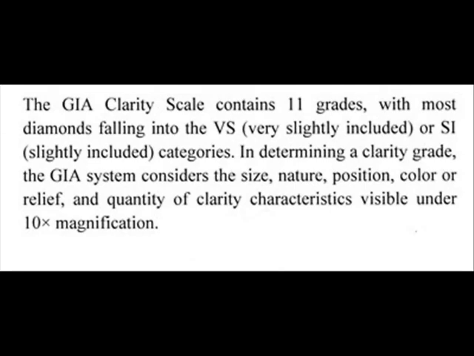Most importantly for you, as we will discuss in the pitfalls and complexities, they do not consider the desirability of the nature of the inclusions, nor what that means to value. More on that soon. The next image shows you the 11 clarity grades which the GIA divides its clarity scale into. I'd like to recommend that you simply pause the video over that image and read them yourself, and then we'll proceed.